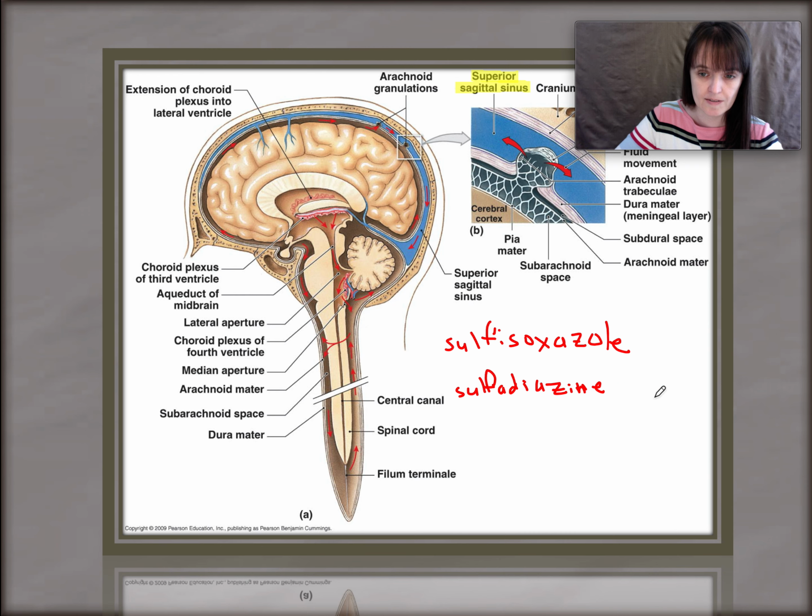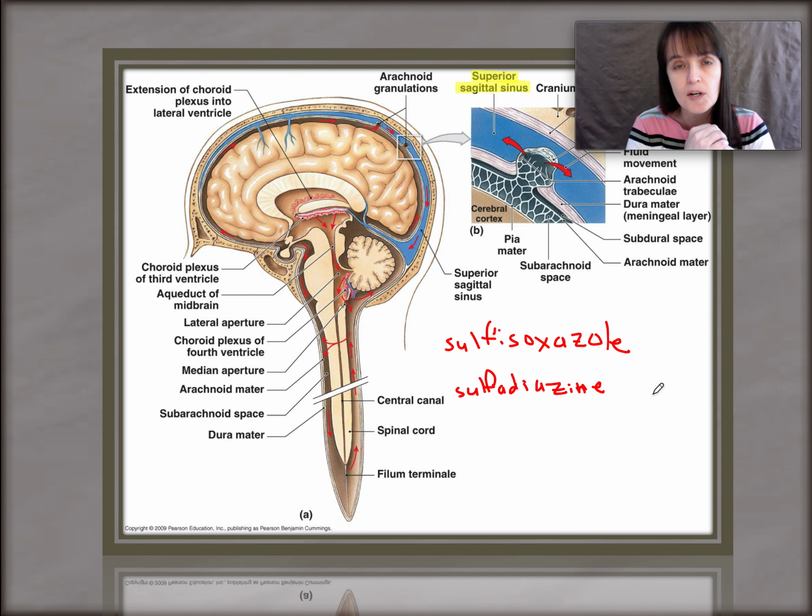All right, so if you have a bacterial infection in your brain and your doctor prescribes tetracycline, what do you do? Well, you get a new doctor. Tetracycline does not cross the blood-brain barrier, which means it will not get into your brain. So, no, you need a sulfa drug for that.